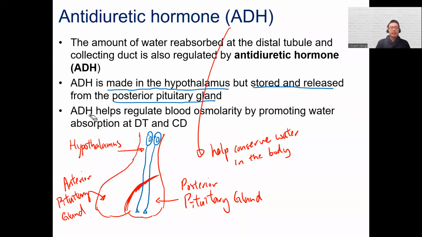So like I said, ADH helps regulate blood osmolarity by promoting water absorption at the distal tubule and collecting duct. To keep it simple, basically it conserves water. You absorb more water at the DT and CD. So let's take a look at the next picture.